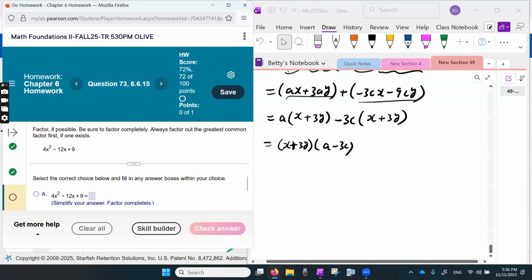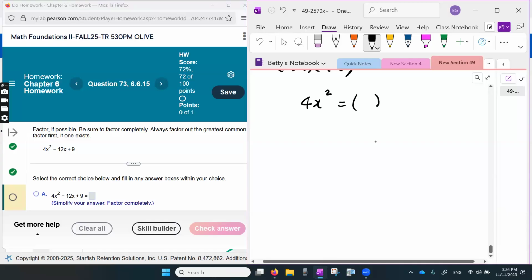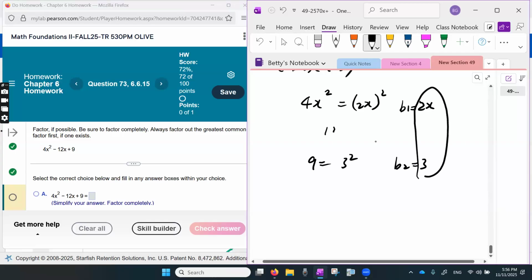This one, okay, I'm gonna show you here. First term, 4x squared, which is the square of 2x. So base 1 is 2x. Last term is 9, which is 3 squared. So base 2 is 3. Multiply the two bases, we have 6x. Double it is 12x, which is in the middle, right? In the middle, we have negative 12x.